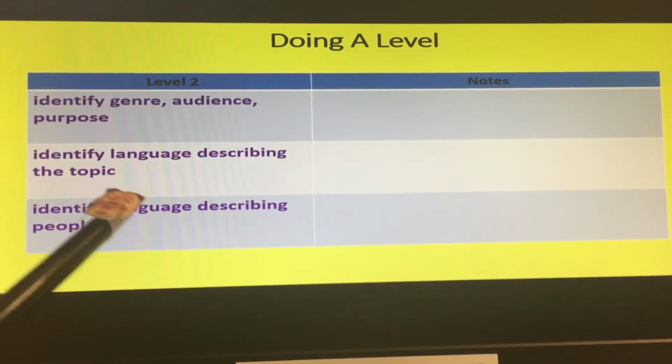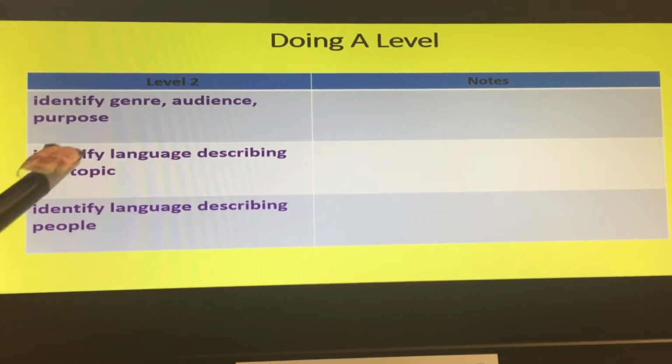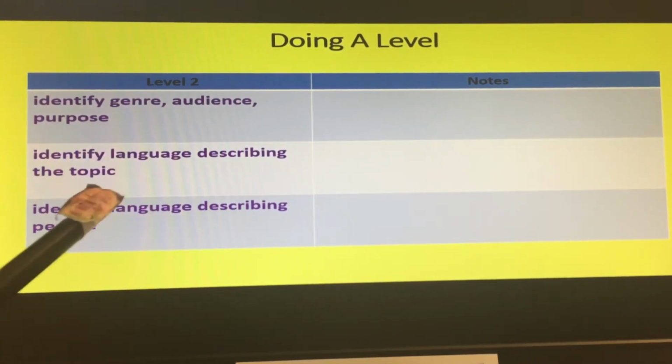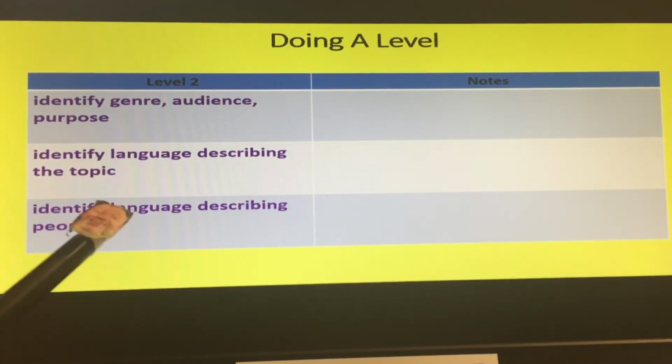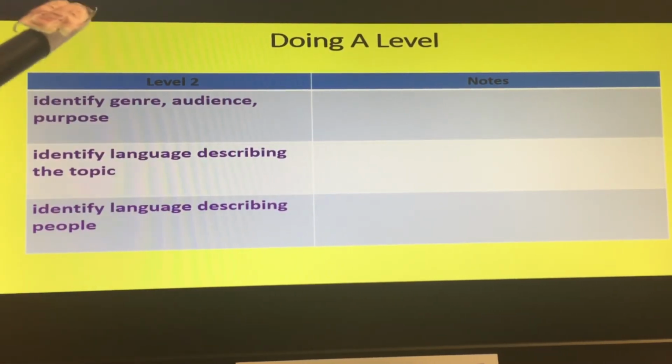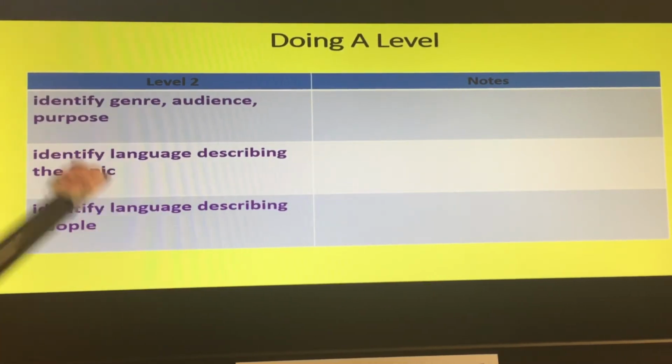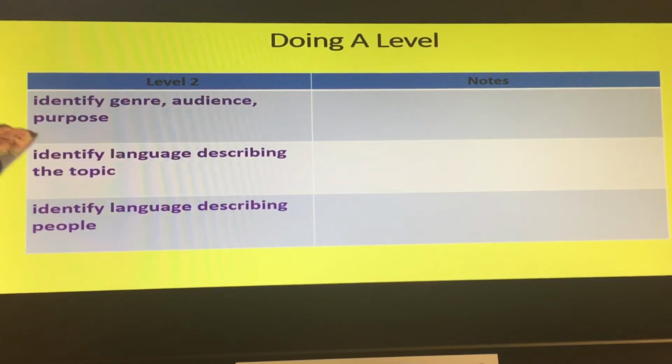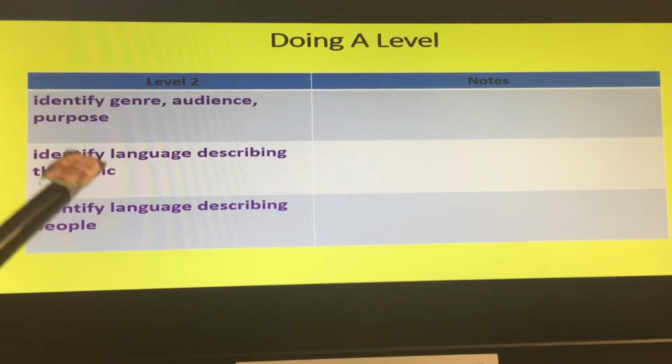And of course, in this case, it's going to be miners, isn't it? We know there are other people who are described in the text as well, like the families of the miners, like I think the Prime Minister of Chile, and so on. So pick a people to describe and just find language, find quotes that describe them. And that's all you do.